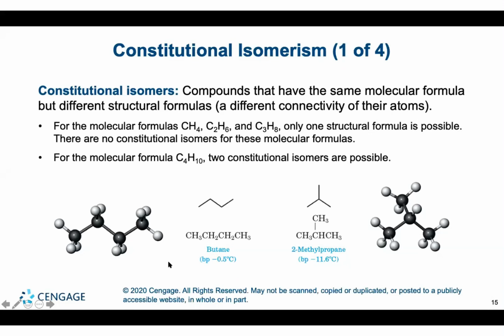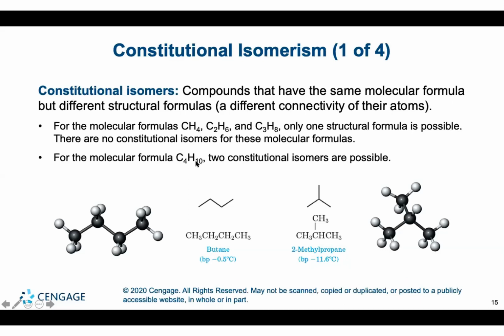For example, we have here butane. If I draw one structure for it, I can just put 4 carbons back to back, and that would be butane. You can see when you count the carbons and hydrogens it is the same as this one.